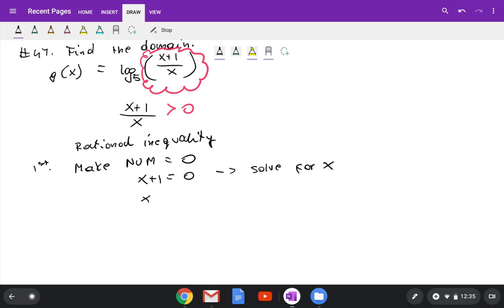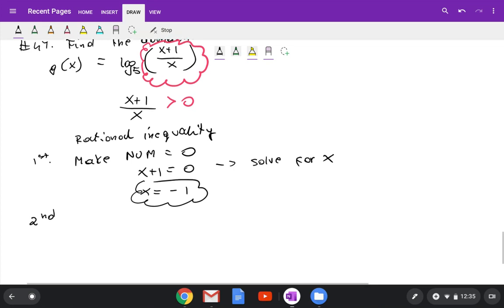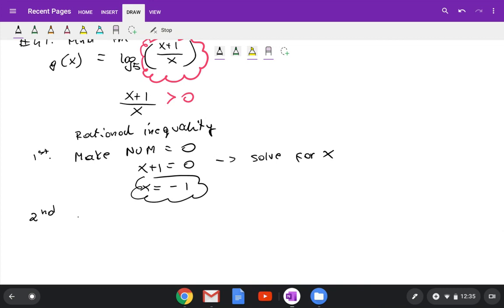Solving for x, we get x equals -1. Second, since you have a rational inequality, you have to give the condition that the denominator can't be equal to 0. So x can't be equal to 0.